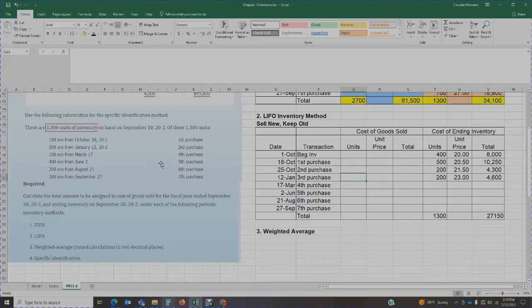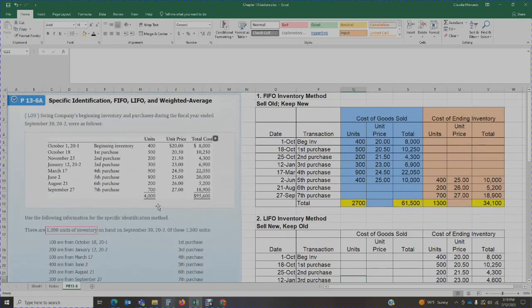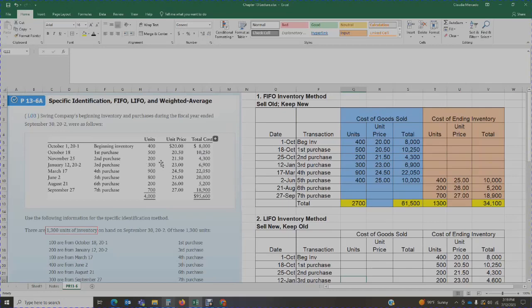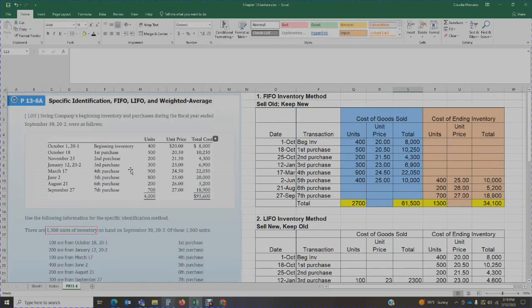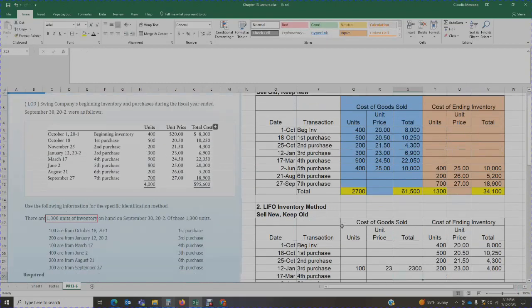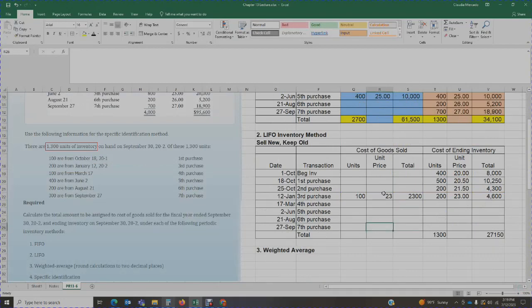So let's look at that third purchase. On that third purchase, I had 300 units and I am keeping 200. So that means I must have sold 100 units. 100 plus 200 will give me the 300 units that I have here. So now from that point forward, I'm going to sell everything.